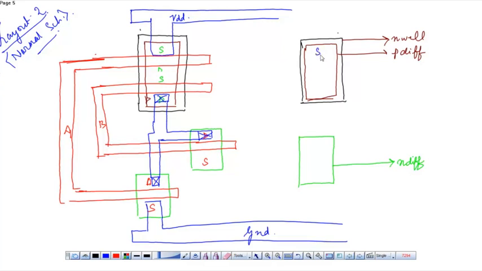This is the source, this is the drain and source of PMOS and NMOS respectively. So the source of the PMOS is connected to VDD and the source of the NMOS is connected to ground. These connectors are very important, and the two drains are shorted.